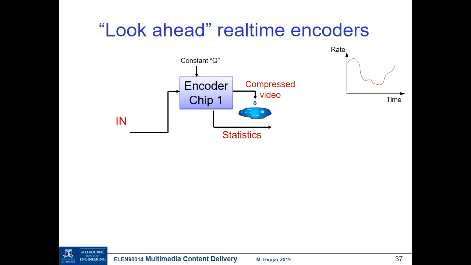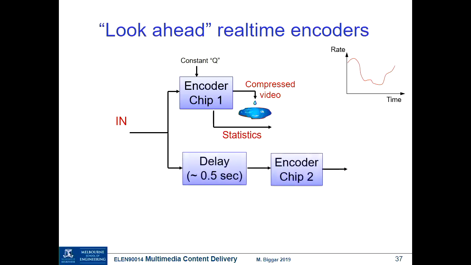As we're generating those statistics, we put the input signal through a delay of around half a second or so. That's about as much as we can tolerate before we do the actual encoding with the second encoder chip, and we utilize those statistics to perform our bit allocation and our rate control.